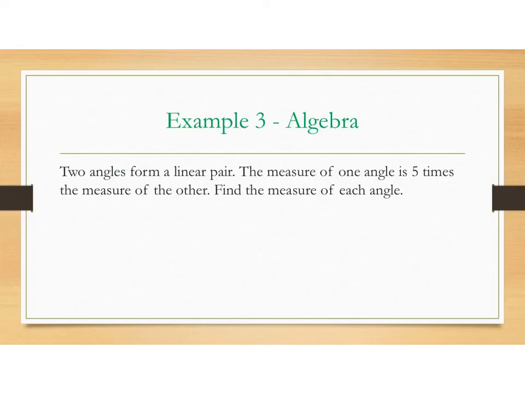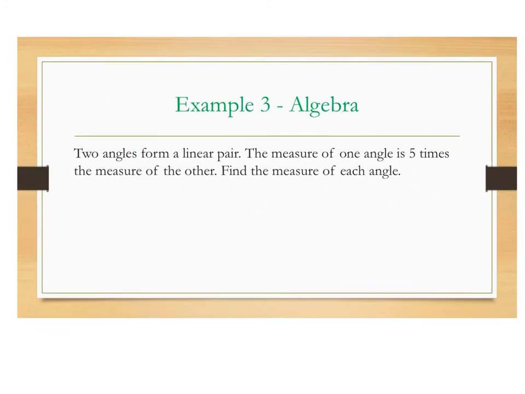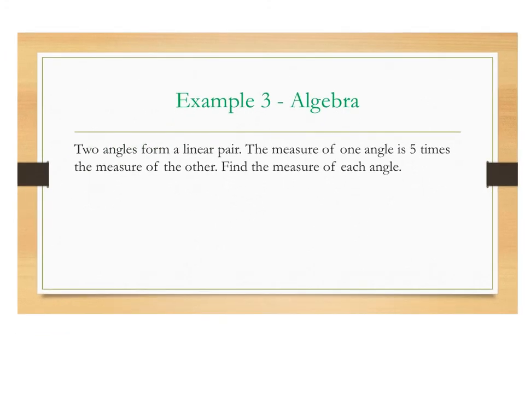Let's try an example. Again, it's a link to algebra. It's telling me that two angles form a linear pair. So let me go ahead and draw a picture of a linear pair of angles. Remember, the two angles are going to be adjacent and they're going to be sitting on a straight line or a pair of opposite rays.